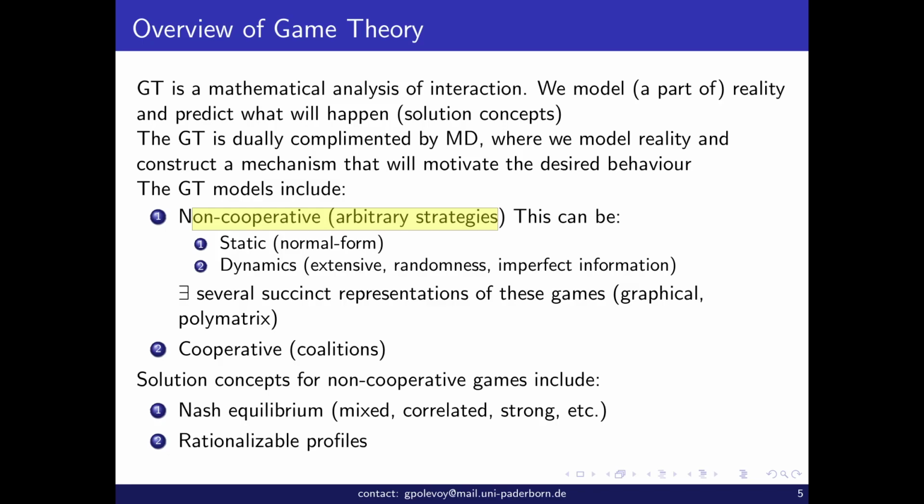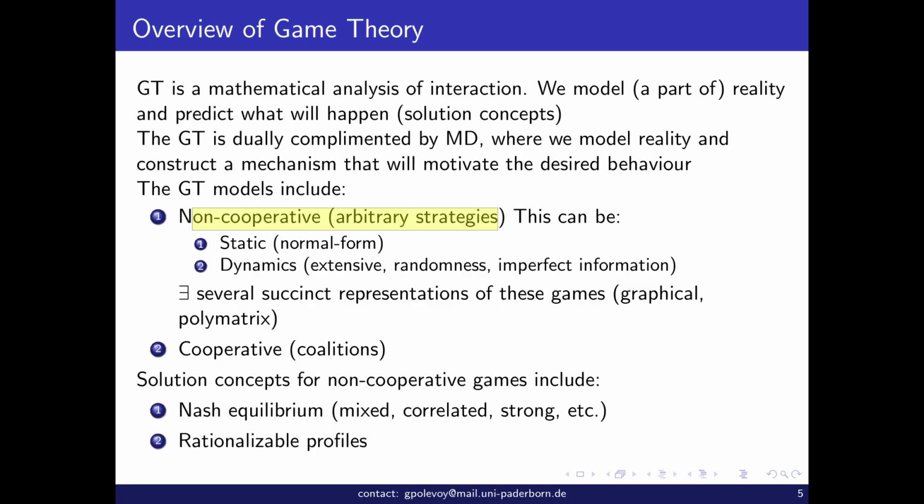A dynamic game looks at the steps from which a strategy is composed, which comprise the strategy. These are, for example, called extensive games. So they model the extension of play: when I know what happened till now, how I can use this knowledge to choose what to do, what I may remember, and so on and so forth.